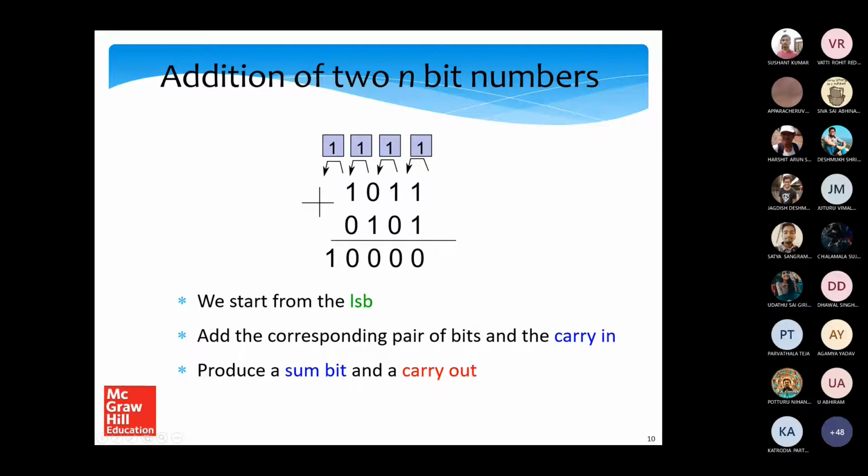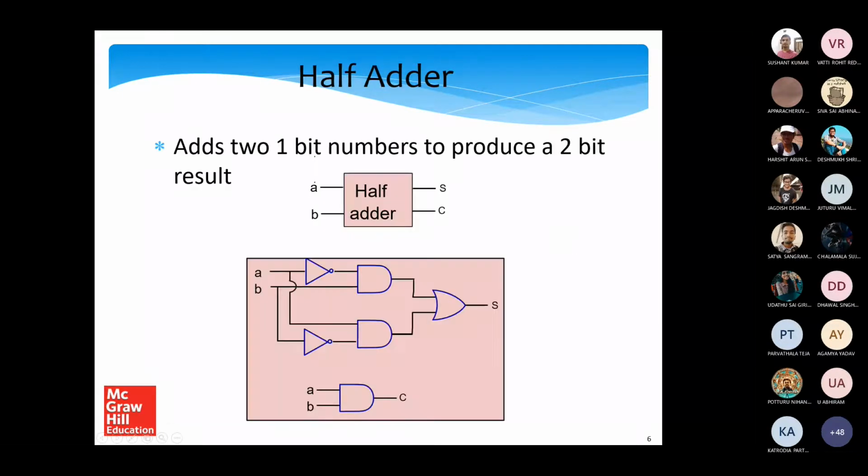Even if it is an OR gate, AND gate, or half adder, it takes time. So these gate delays you cannot ignore. This NOT gate takes some time, this AND gate takes time. Each of these gates takes time.